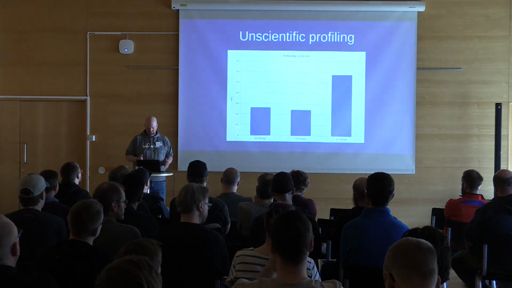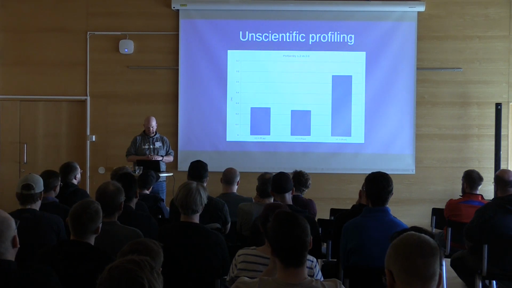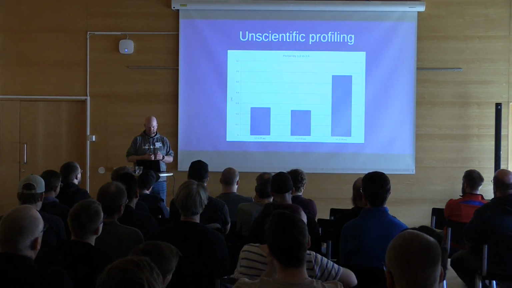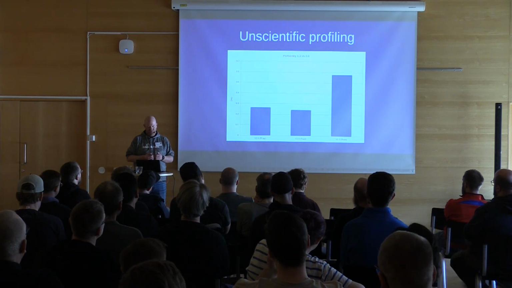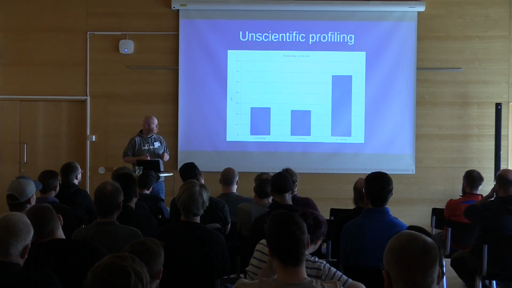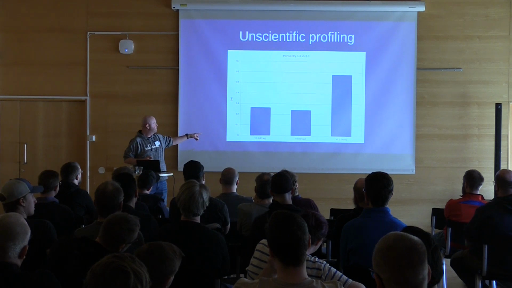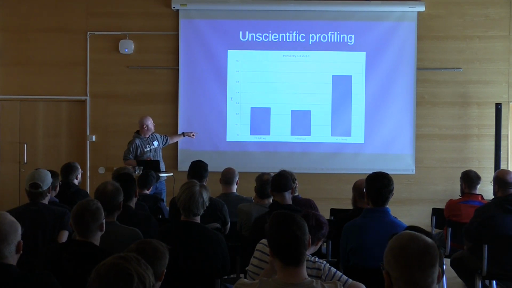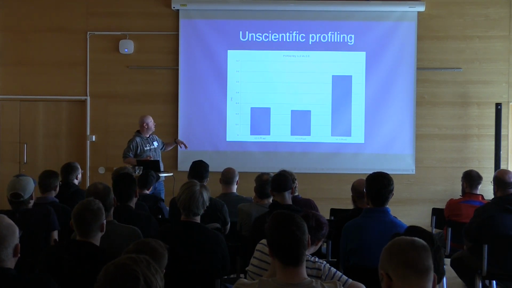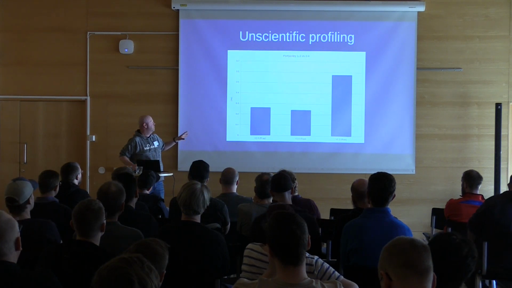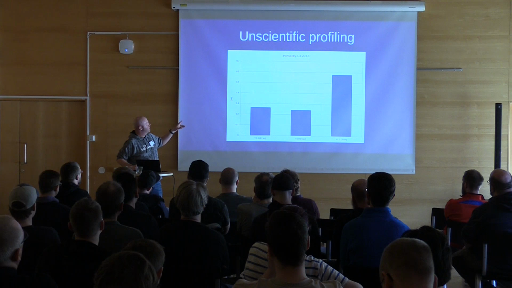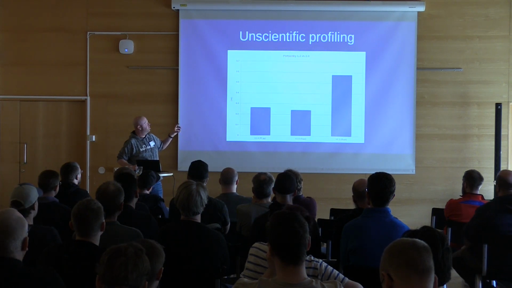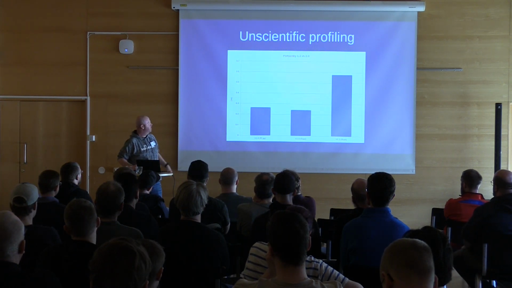So like I said, version 2.0 is imminent, and this is some very unscientific profiling that I did. On the left here, you see version 2.0 in PCAP mode and also in raw mode. It's two modes. It doesn't really matter for this slide. I managed to cut the response time per packet down by half.